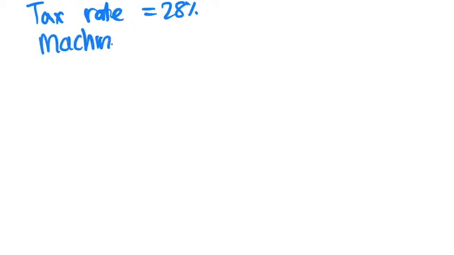So now we're going to look at a tax example, okay, where we're dealing with assessed losses. I'm just going to make up some numbers for a business, but for the purposes of this example, okay, we're going to say that the tax rate equals 28%, and let's say that the only thing they have that gives rise to depreciation would be a machine that they purchased at the beginning of the year for 100,000.